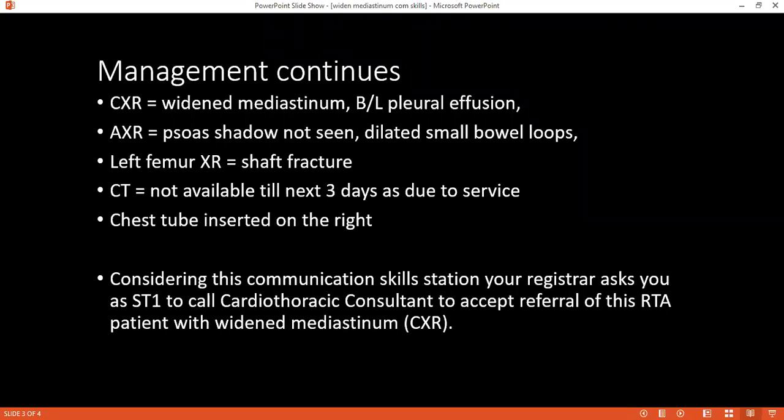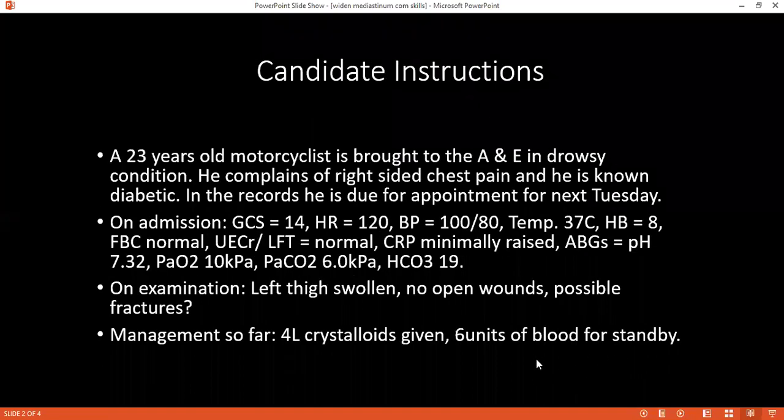There were certain questions which could have been answered in a much better manner. And do you think these 6 units of blood on standby would be enough, or would there be excess infusion of blood transfusion?